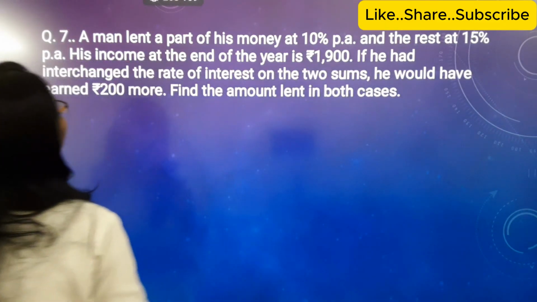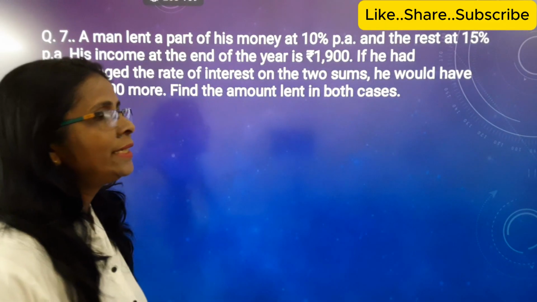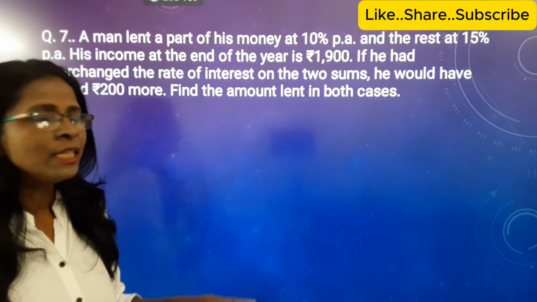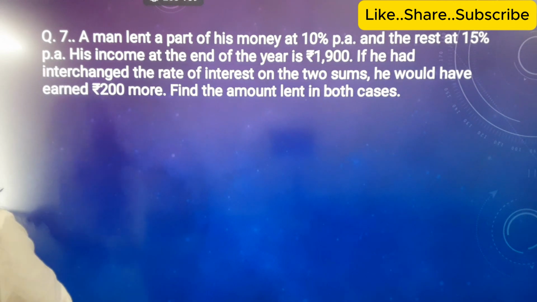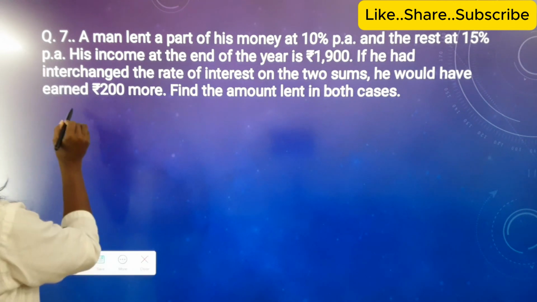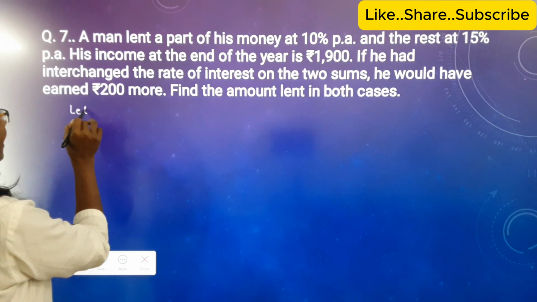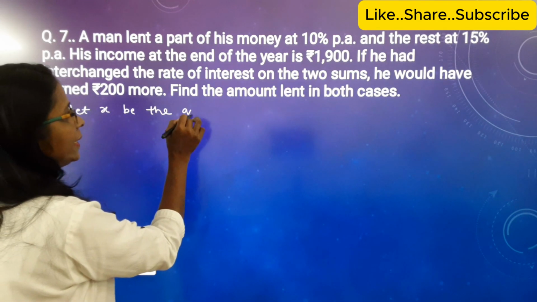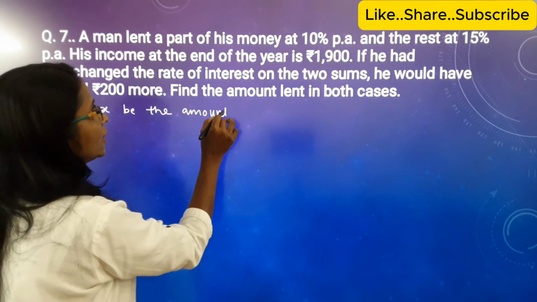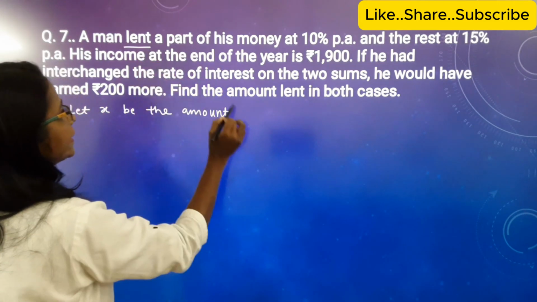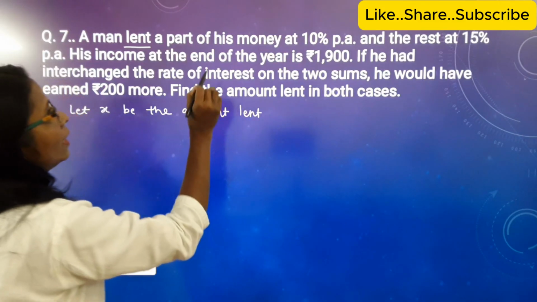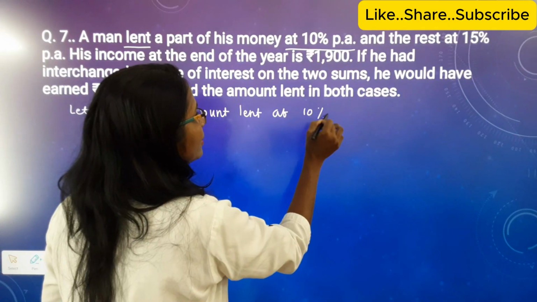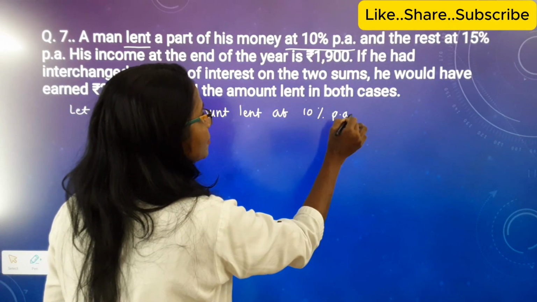First here, a man lent a part of his money at 10% per annum as well as at 15% per annum, student. So here we let x be the amount lent at 10% per annum.